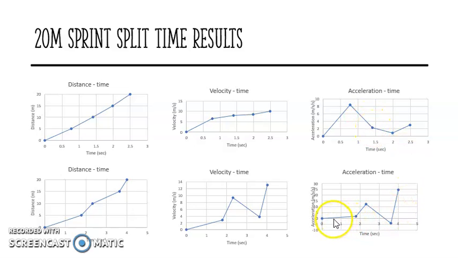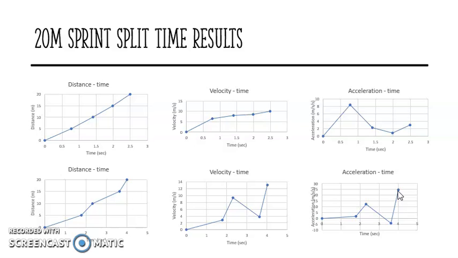However, we can see that the worse performer accelerates really slow, a very small acceleration, and then increases in acceleration, and then actually decreases their acceleration, so they decelerate. However, they do then re-accelerate quite high at the end.